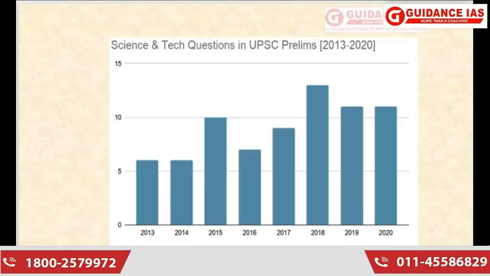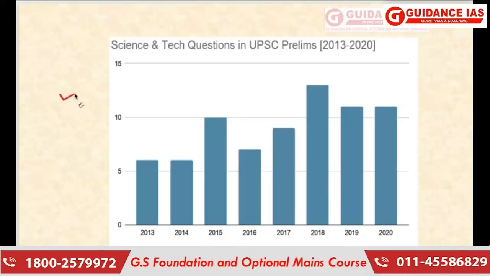All right. Okay then. Before we start analyzing our questions, I would want all of you to look at this graph. This graph depicts the questions which were asked in the past 10 years pertaining to the science and tech domain. Let's try to infer the number of questions that are being asked in previous year questions from this particular subject.